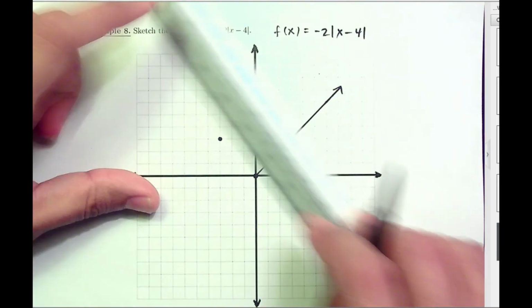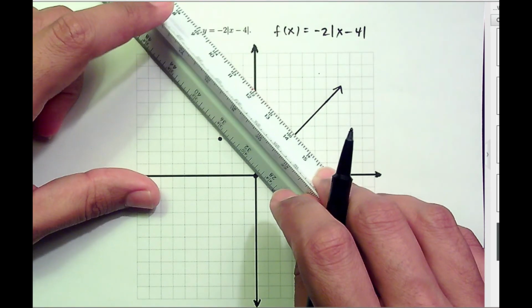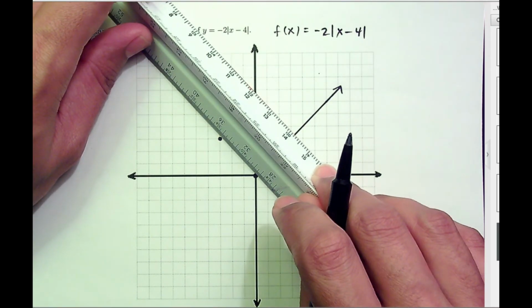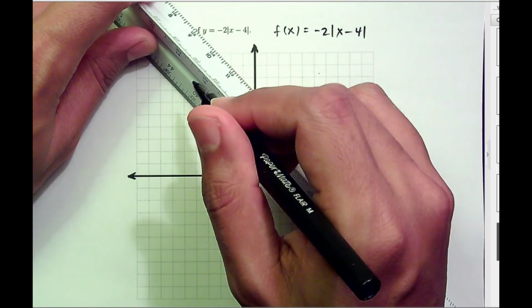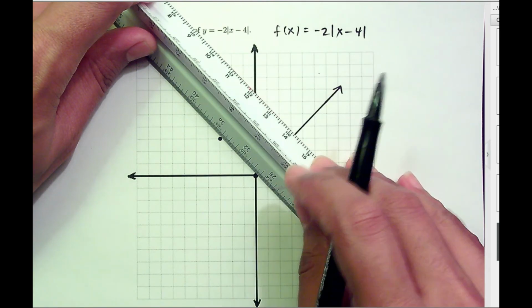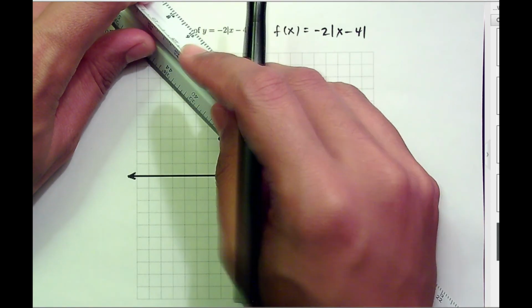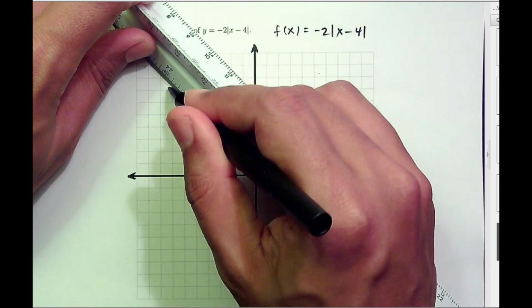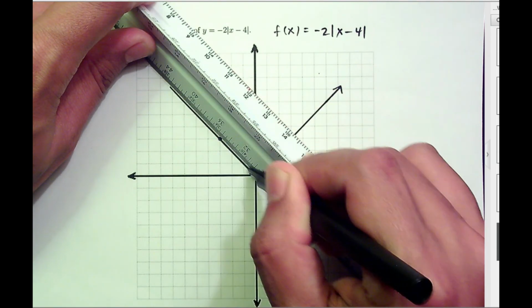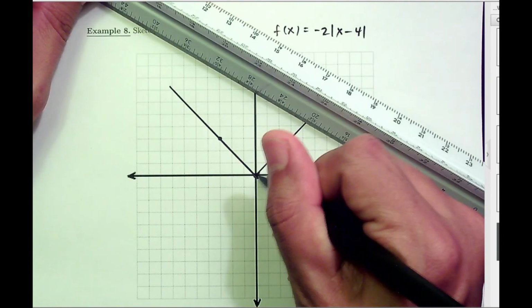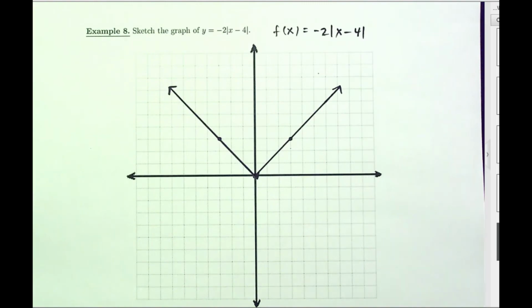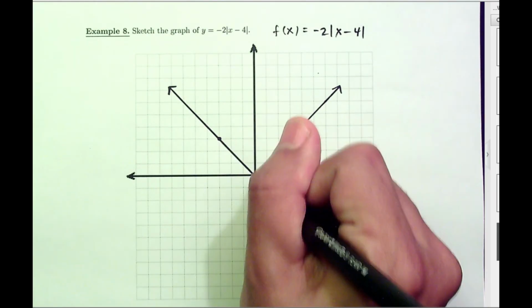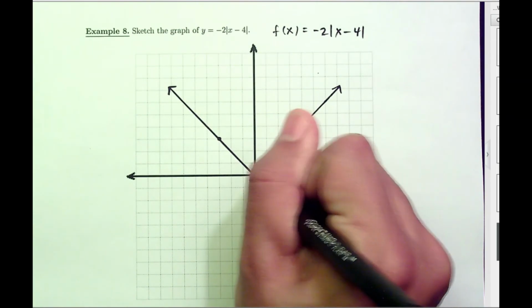Okay, let's connect those, and then we have the basic graph for absolute value of x. Oops, a little bit over. Okay, anyway, so that is the basic graph of absolute value of x.